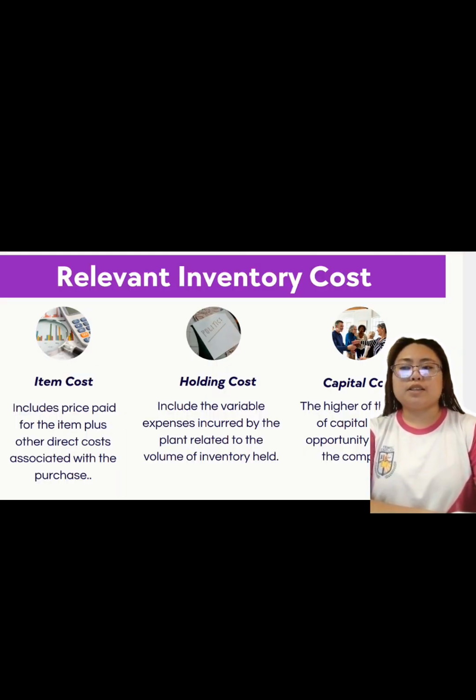Relevant inventory cost. Item cost. Item cost includes price paid for the item plus other direct costs associated with the purchase. And when it comes to holding cost, it includes the variable expenses incurred by the plant related to the volume of inventory held. And capital cost is the higher of the cost of capital or the opportunity cost for the company.